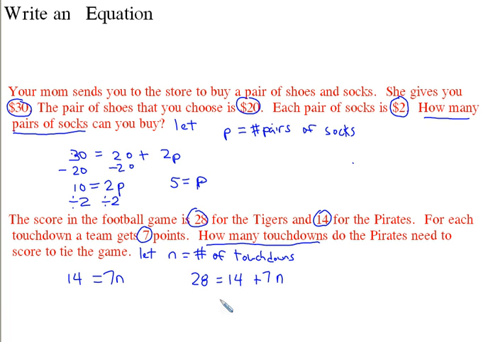When we subtract, we end up with 14 is equal to 7n. And then we divide both sides by 7. 14 divided by 7, that's going to be 2 is equal to n.